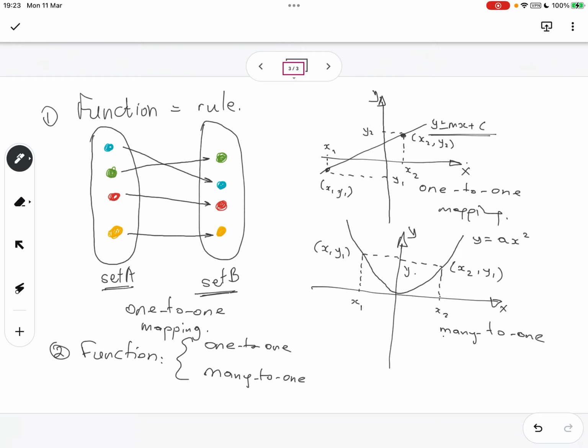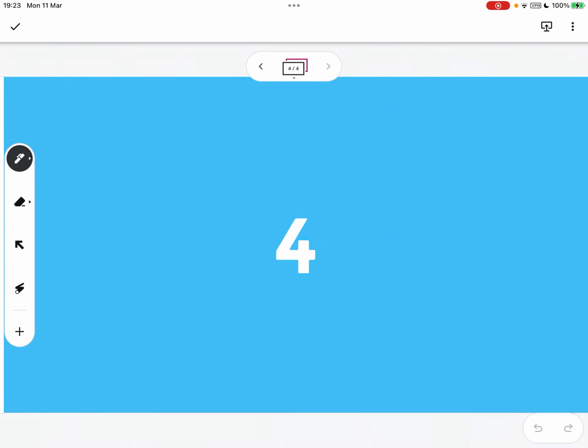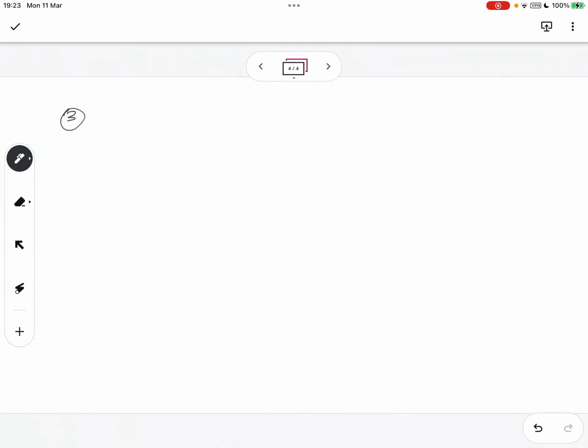And then the next important thing about graphs, functions rather. When we draw the graph of a function, let's say we have a straight line function on our xy axis, y equals mx plus c.